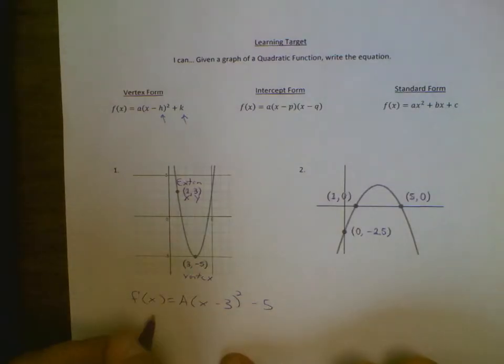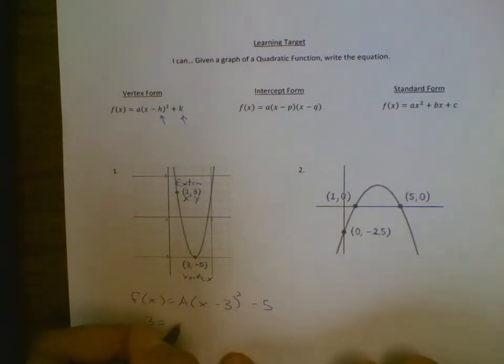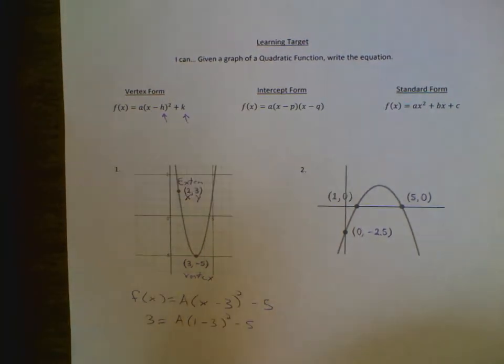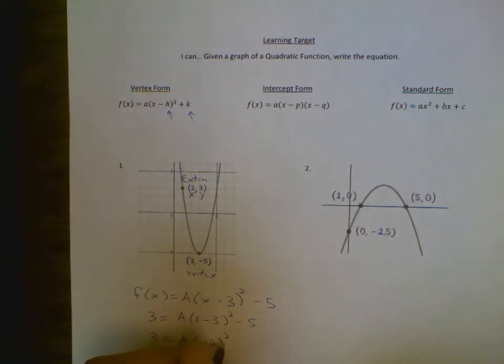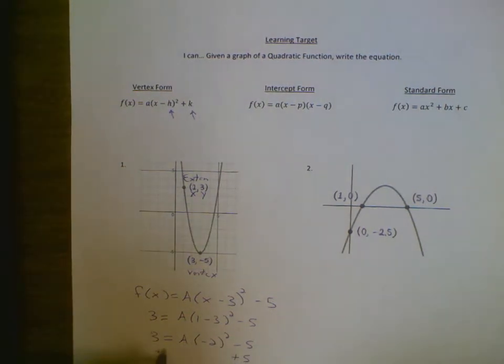So I'm going to get 3 = a times (1 - 3) squared minus 5, and then I can simply solve this equation for my a. So I get 3 = a times (1 - 3), well, that's -2, squared, minus 5. I'm going to go ahead and add the 5 over to the other side.